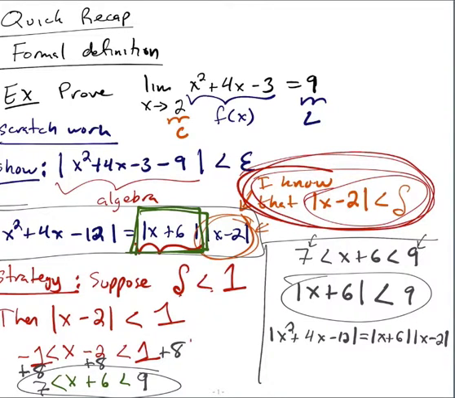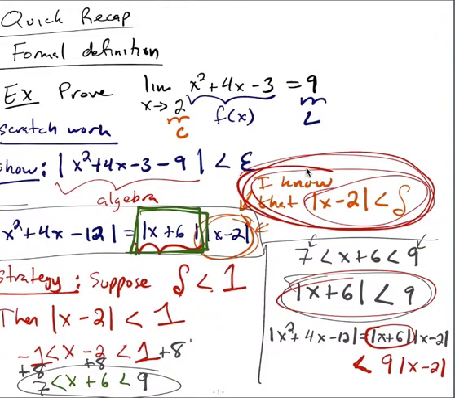So if I use this that I just found right here, what can I say that this is going to be less than? If I know that x plus 6 is less than 9, then x plus 6 times x minus 2 is going to be less than 9 times x minus 2. This is just a substitution. That's all it is, right? This x plus 6 is less than 9. So far, so good? Okay.